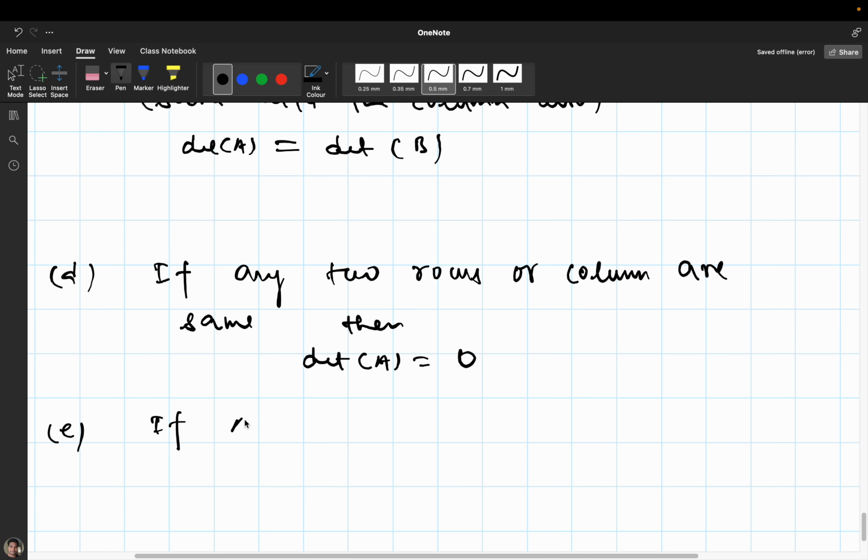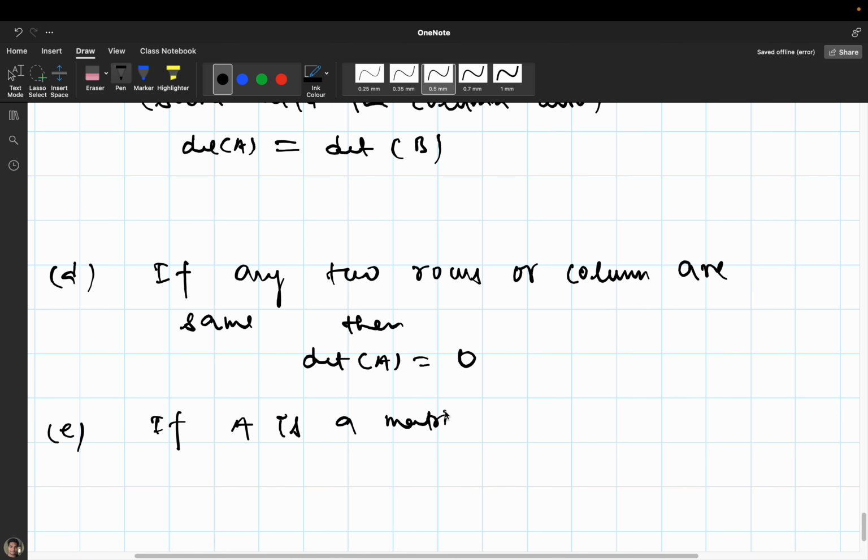Now another property. If A is a square matrix, I will not say it again, because if I am talking about the determinant, it is by default a square matrix.